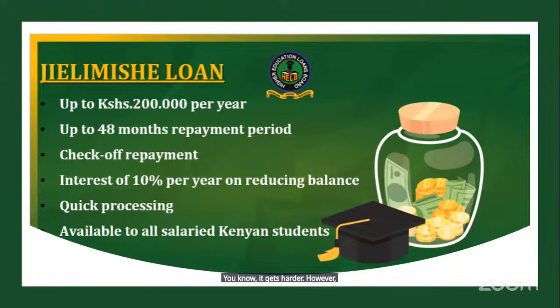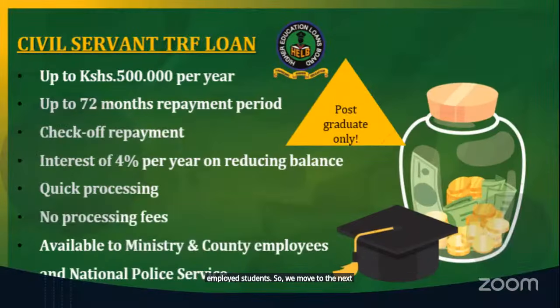However, not to say we have given up on that. It's a conversation, but every time it's almost done, we get a setback of a new idea. What if we do this? What if we do this? So this hasn't come to fruition yet for self-employed students.